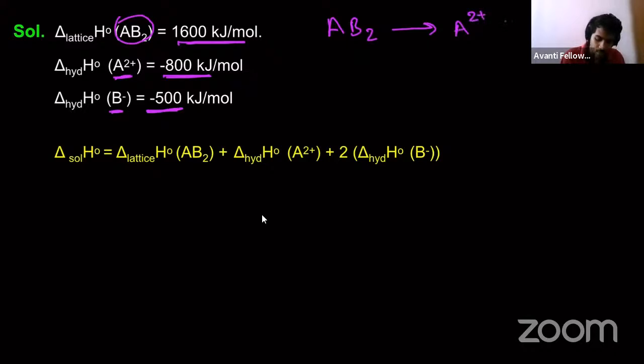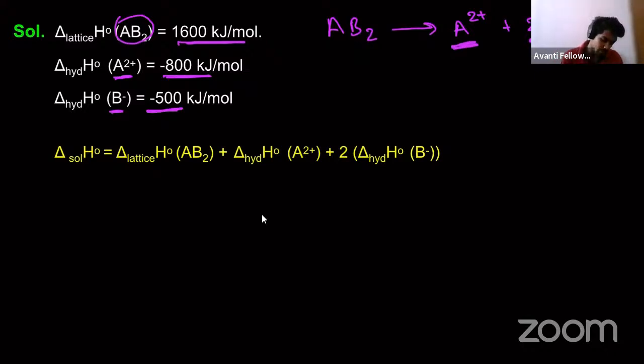A2 plus and 2B minus. So for one cation, the hydration energy released is minus 800 kilojoules. For one anion, B minus, the hydration energy released is minus 500 kilojoules. Now how many B minus ions are there? Two B minus ions are there. That means two times the B minus ion hydration energy is released.